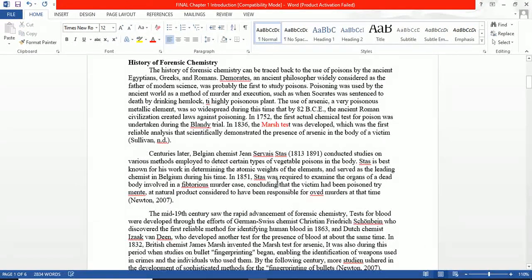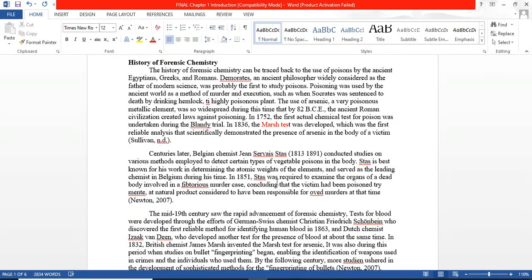Centuries later, a Belgian chemist named Jean Servais Stas conducted studies on various methods employed to detect certain types of vegetable poisons in the body. Stas is best known for his work in determining the atomic weight of elements and served as the leading chemist in Belgium during his time.